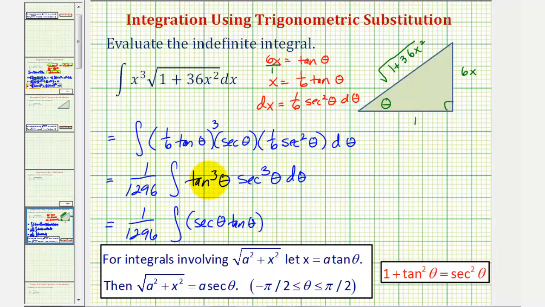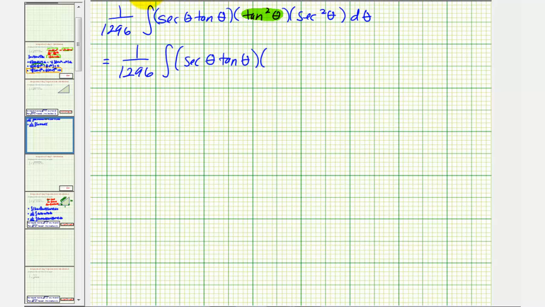So we'll have tangent squared theta and secant squared theta. And now we'll replace tangent squared theta with secant squared theta minus 1. Let's go ahead and do this on the next slide. So again, we'll substitute secant squared theta minus 1 for this tangent squared theta.